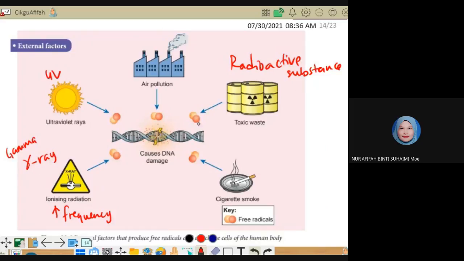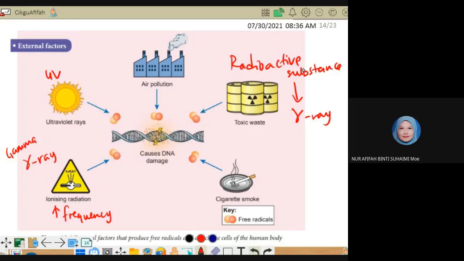So lebih kurang sama dengan ionizing radiation lah. Dia akan emit gamma ray ataupun X-ray inside the radioactive substance. So will release free radical or unstable atom or unstable molecule. Remember what is free radical? Free radicals is unstable atom or unstable molecule or unstable nucleus.